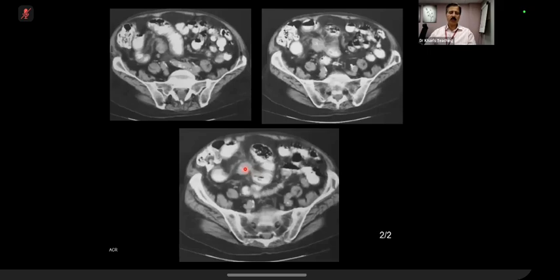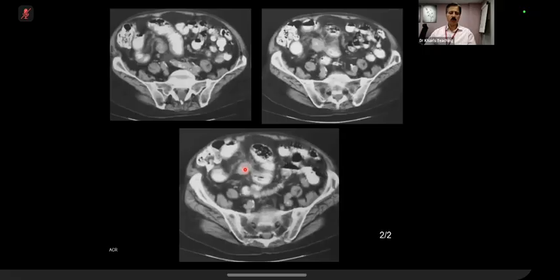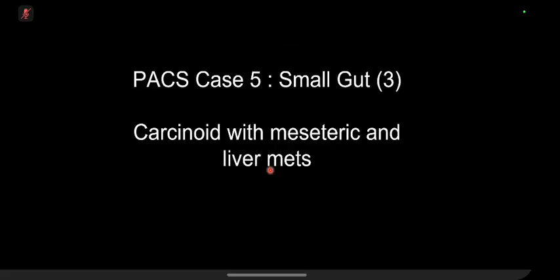Second thing is that carcinoids produce serotonin or kallikrein, because of which there is a desmoplastic response, and there will be constriction of lymphatics or venous system, and the adjacent bowel loops might show a bit of thickening. This is classical for carcinoid.